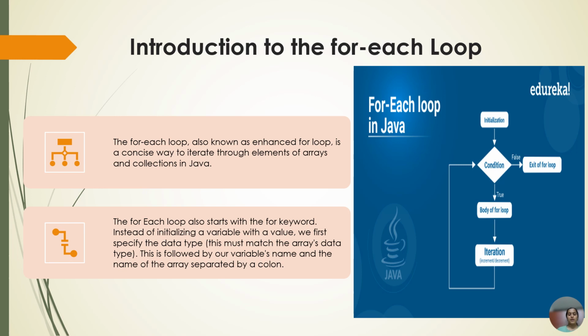Enhanced for loop, that is for each loop, is used when iterating through elements of an array or a collection without worrying about index management. Infinite for loop is used when you need a loop to run indefinitely. It's important to include a mechanism like a break statement to exit an infinite loop.